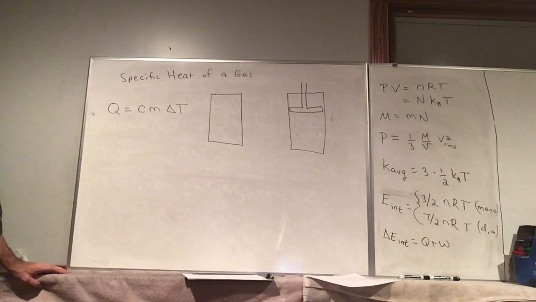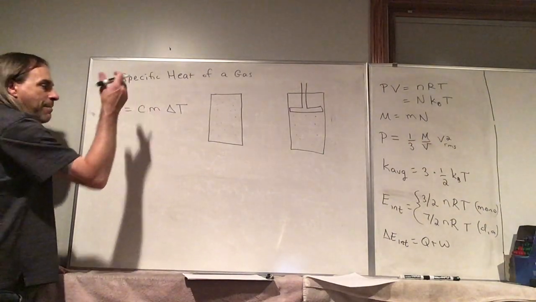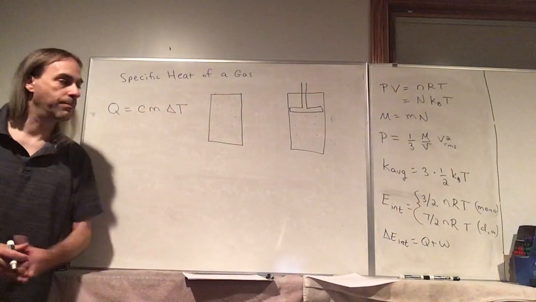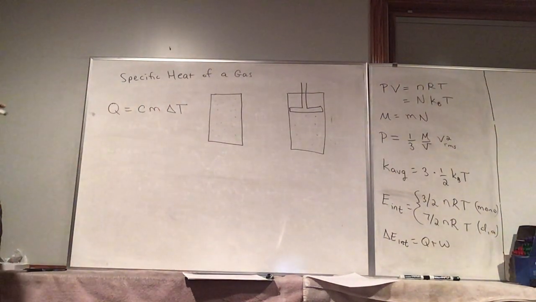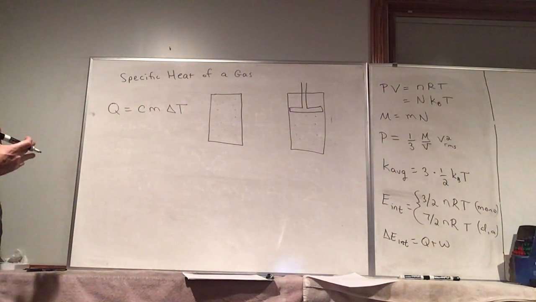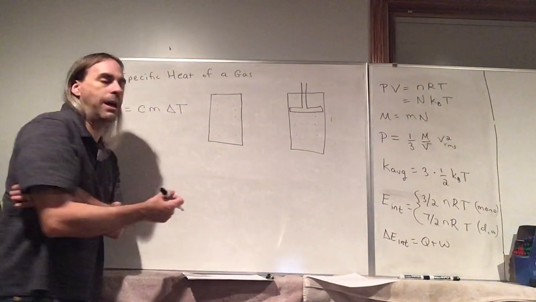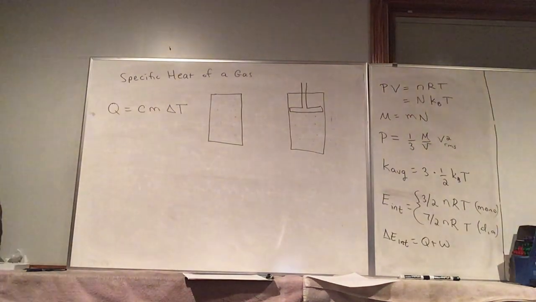This is not a convenient form for talking about gas, though, because if you look at this equation, m is just a measure of how much of that substance there is. Now, for our purposes, the amount of substance, if we're talking about a gas, is better described by the number of moles.